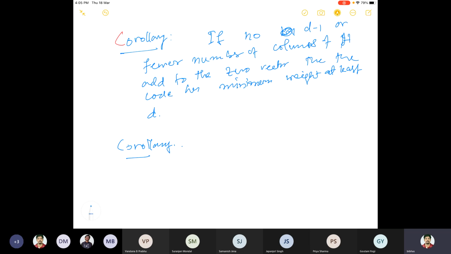Some of the columns below that number do not equal 0, so you cannot have any other code word having weight less than D.